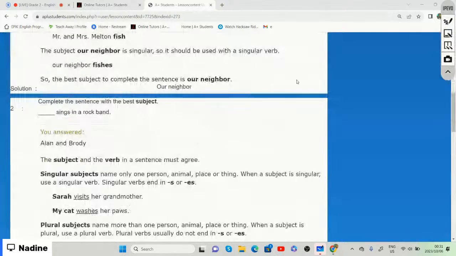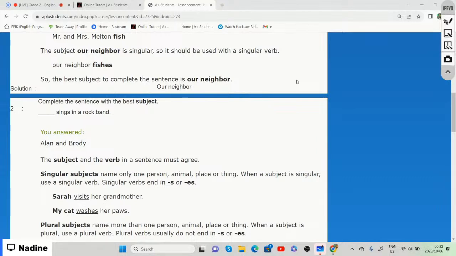Sign or sings in a rock band. Sings. So in this case, our verb says sings, which means that our subject needs to be singular. So what sings in the rock band?